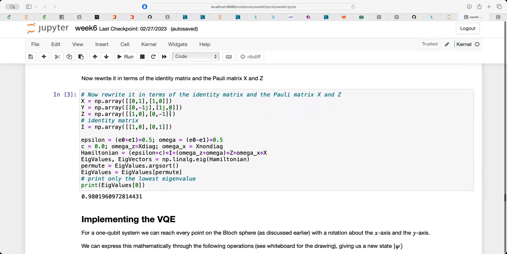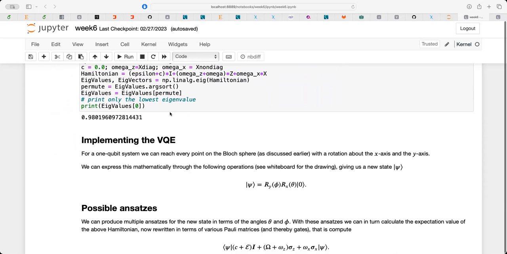So it's useful to actually do these kinds of exercises. What I'm going to do now is simply take the 1 qubit system. On the whiteboard, you saw the drawing of the circuit. We have an Rx gate and an Ry gate, and phi and theta are angles which we can choose randomly as starting values.